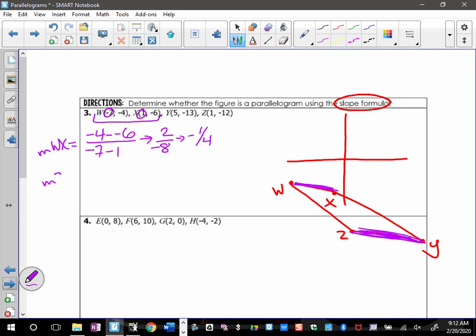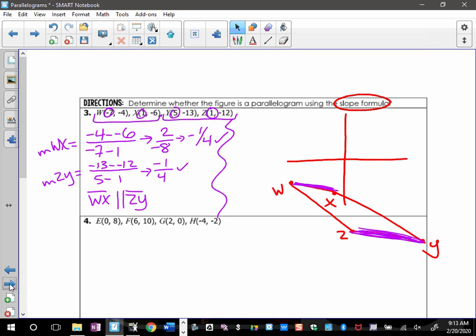For the slope of ZY, I would have -13 minus -12 over 5 minus 1, which is -1 over 4. These are parallel, so I know WX is parallel to ZY because they match. So I do have to check the other two.